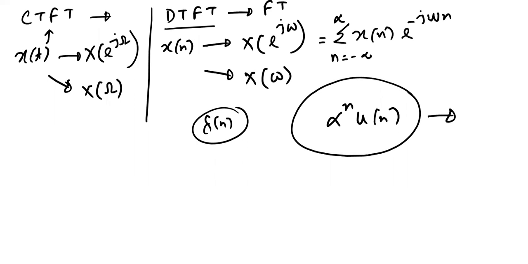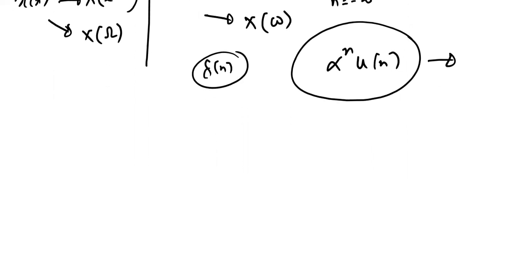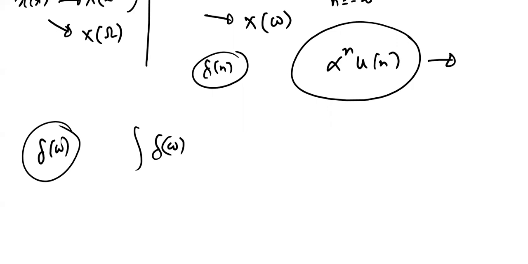However, there is a concept which is known as the delta function. Of course, that is in the analog domain, which means that the integration of this delta function with respect to frequency would merge to 1.